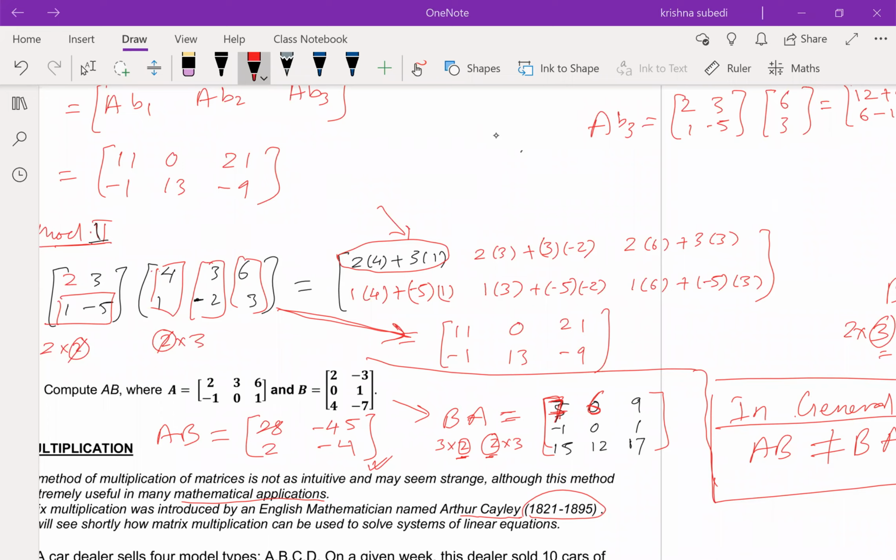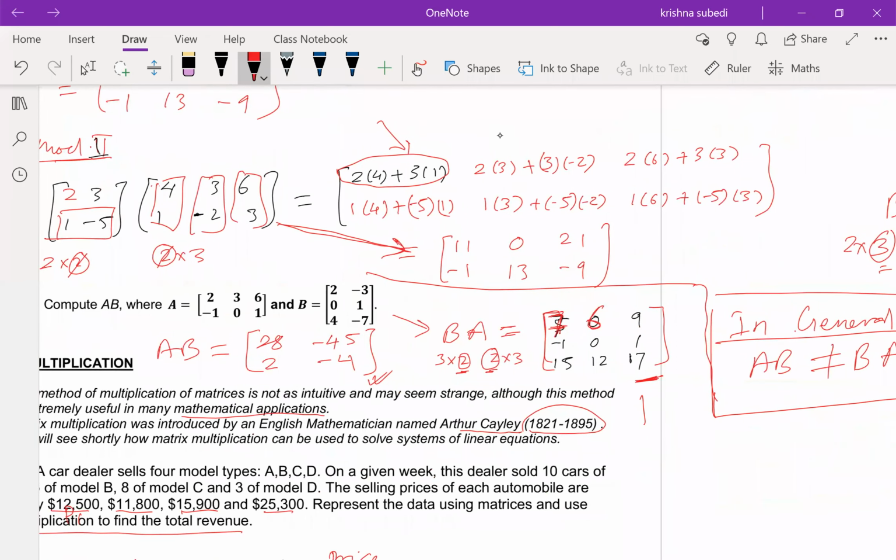And the second one is -1, 10, 1. Yes, and 15, 12, 17. Okay. Anyway, so you know the idea. You can check it by yourself now.